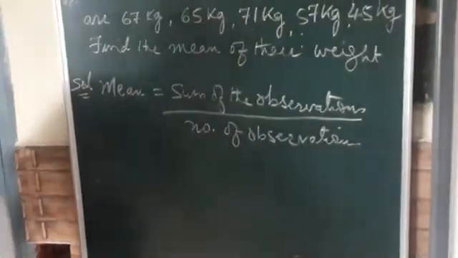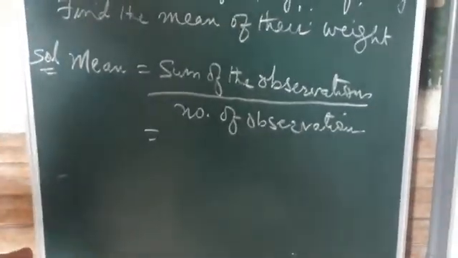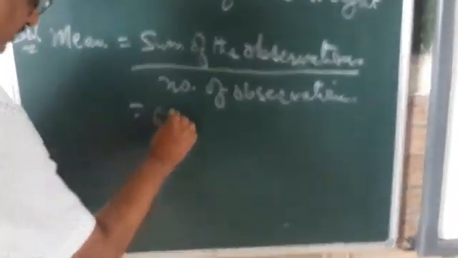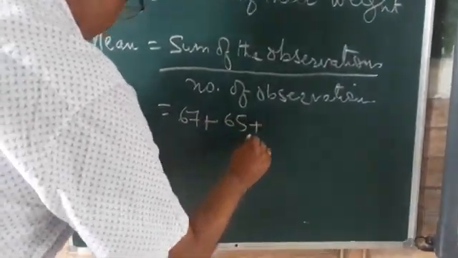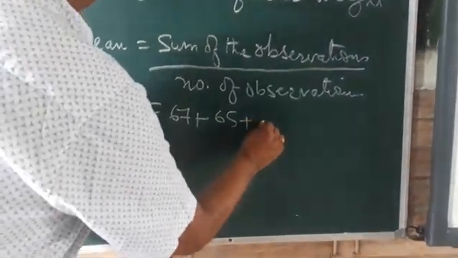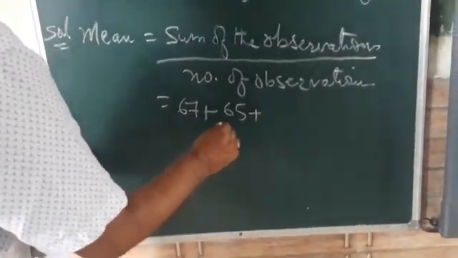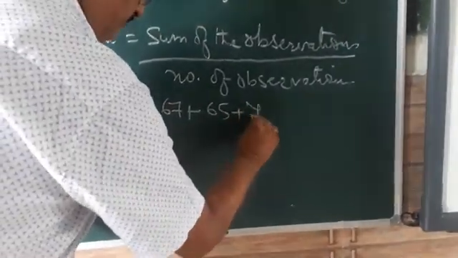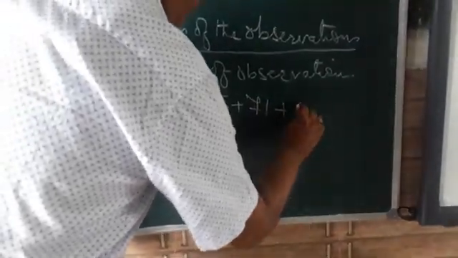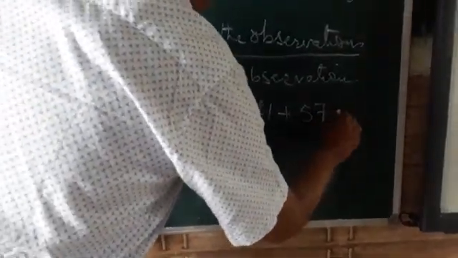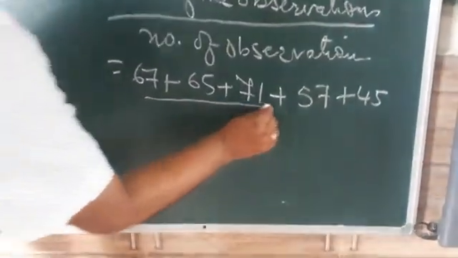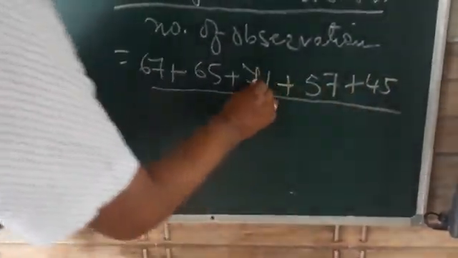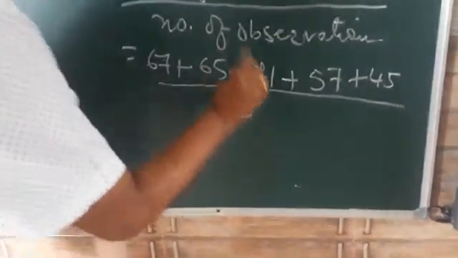So this is the formula. So 67 plus 65 plus 71 plus 57 plus 45, divided by the number of observations: 1, 2, 3, 4, 5. 5.